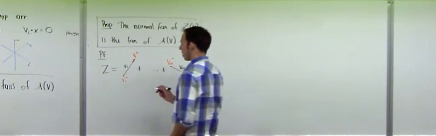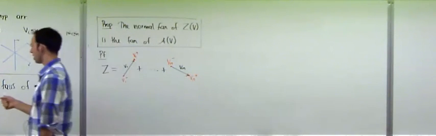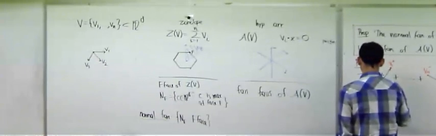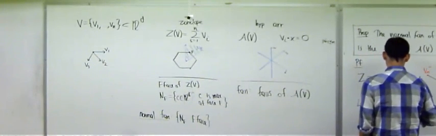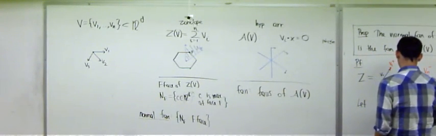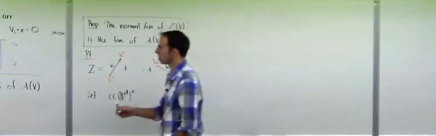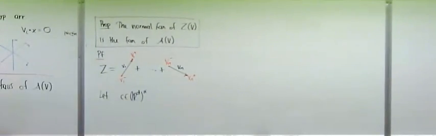And now let's do the following thing. How do I get a handle on this normal fan? What I'm going to do is I'm going to take a point in the dual space. So let's consider C in R^d dual. Okay, so some blue direction in this picture.